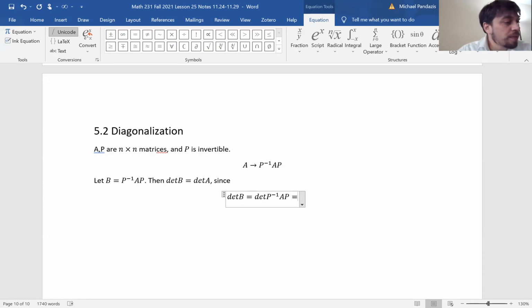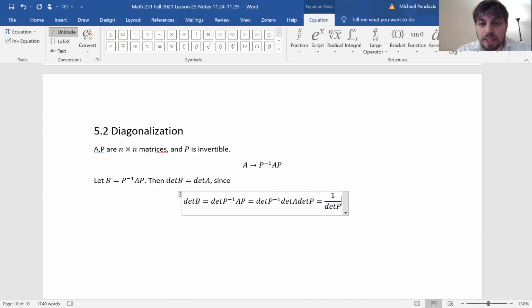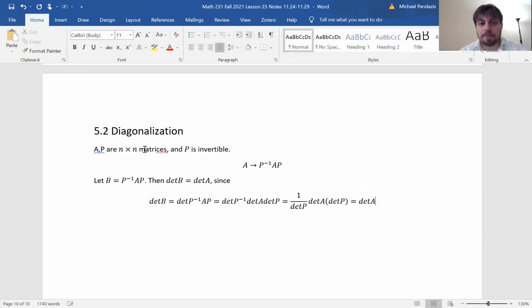This is equal to the product of those determinants: determinant of P inverse times determinant of A times determinant of P. And determinant of P inverse is 1 over the determinant of P, but notice that determinant of P divided by determinant of P is 1, so this is equal to determinant of A. So determinant of B equals determinant of A.